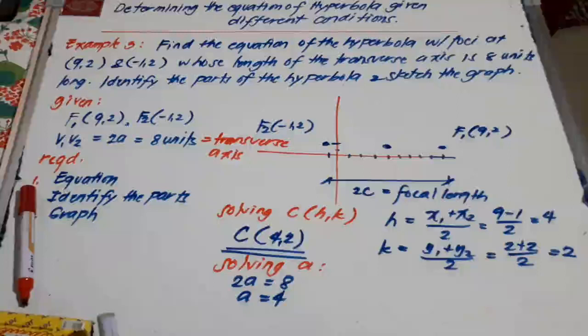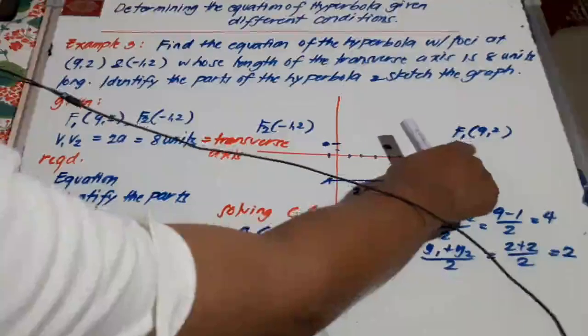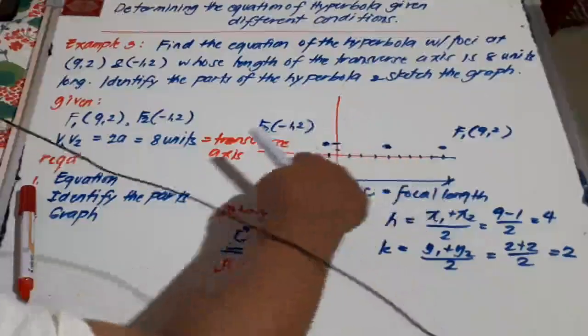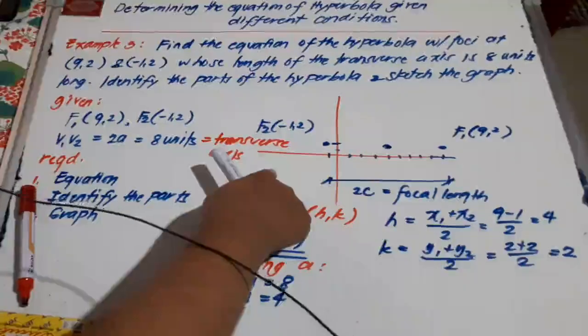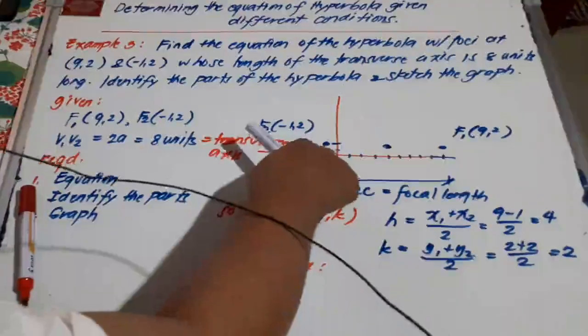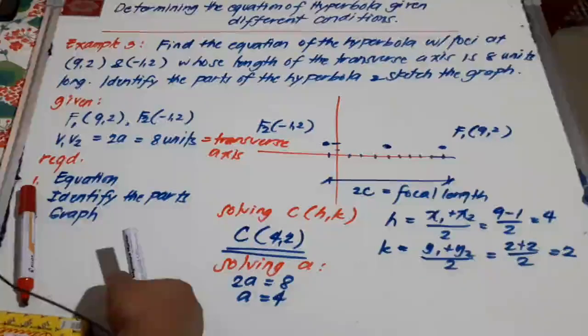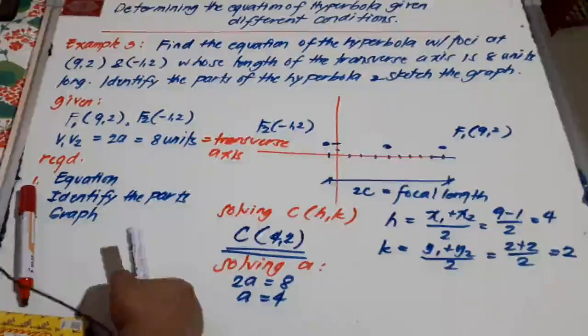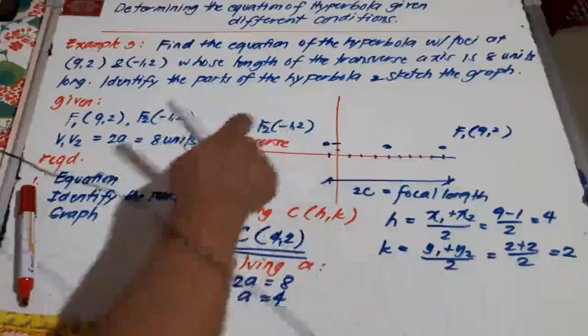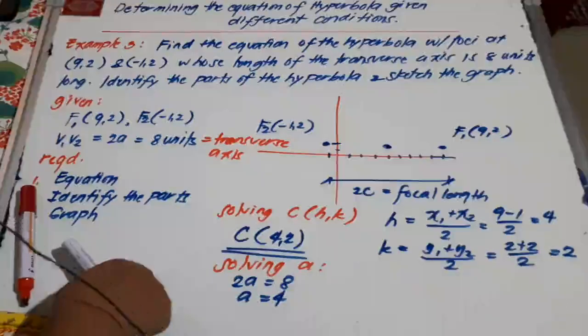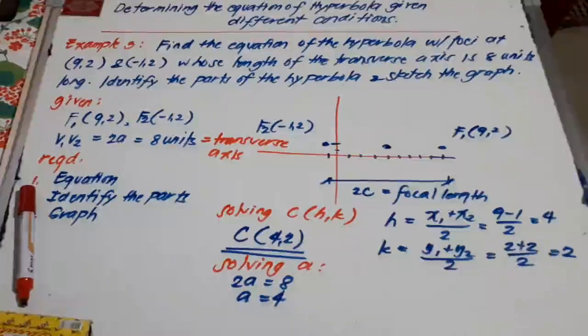Since they have the same vertical position, all we have to do to determine the distance between F1 and F2 is subtract the abscissas and then divide by 2. So, 9 minus (-1) is 10, divided by 2. That will be 5. So therefore, c equals 5. So how again? Solving c.